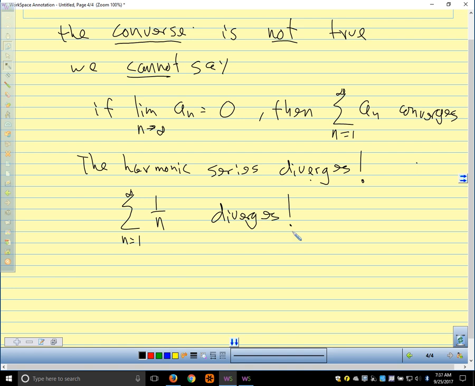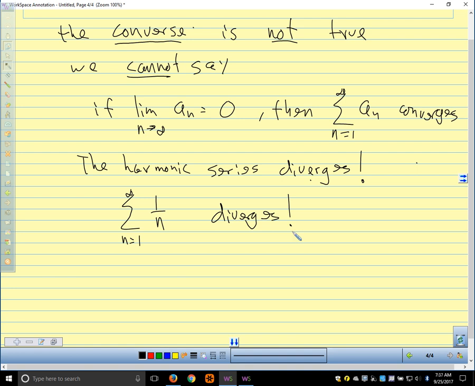The limit as n approaches infinity of a sub n approaches 0, but this series diverges. That's the counterexample if we're trying to use this converse. I'll come back to the harmonic series in just a second, and we'll see why it diverges.